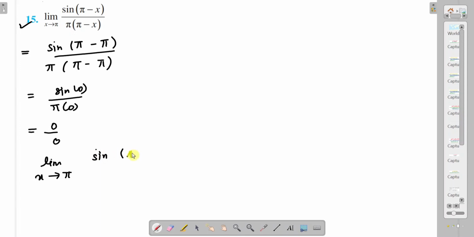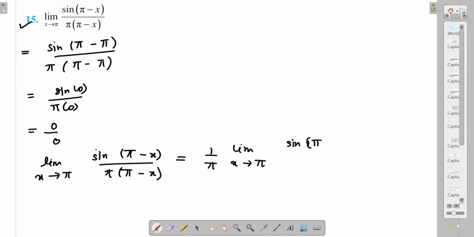So limit x tends to pi, sine of pi minus x divided by pi multiplied by pi minus x. This will be equal to, we can take 1 by pi outside. So limit x tends to pi, sine of pi minus x divided by pi minus x.